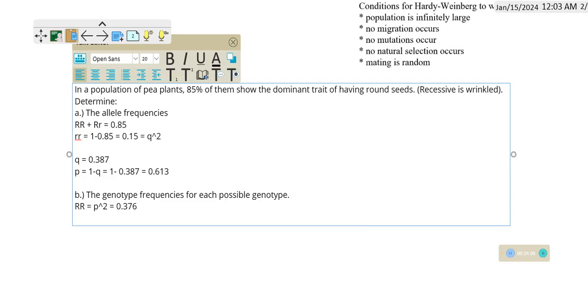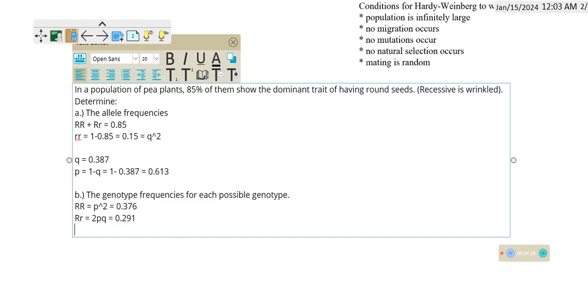And big R, little r, is going to be equal to 2pq, not 2pg, which is then going to be equal to 2 times 0.376 times 0.387, which will equal 0.291024, and so on.